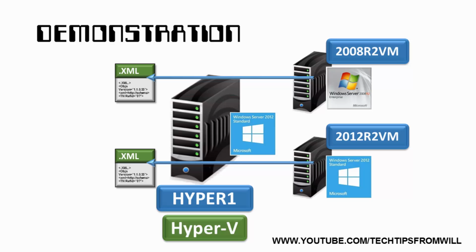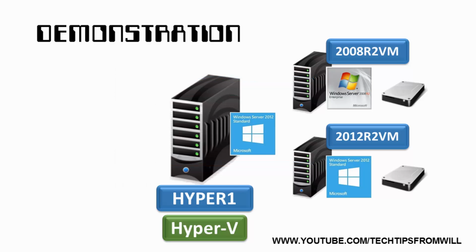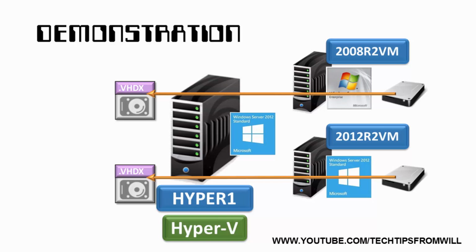In addition, both virtual machines have just one virtual hard disk each. These virtual hard disks contain the operating systems for the virtual machines. In my case, both virtual hard disks are using the default .vhdx format, but the process is exactly the same with the older .vhd file format.